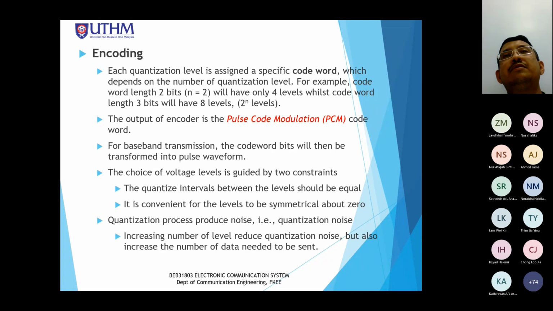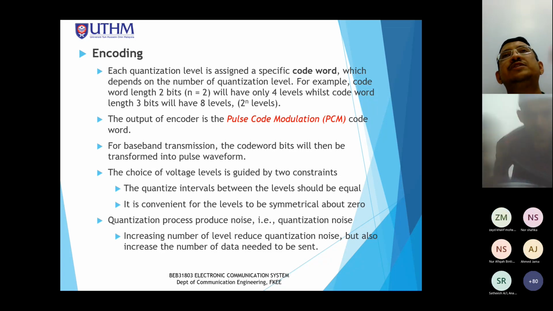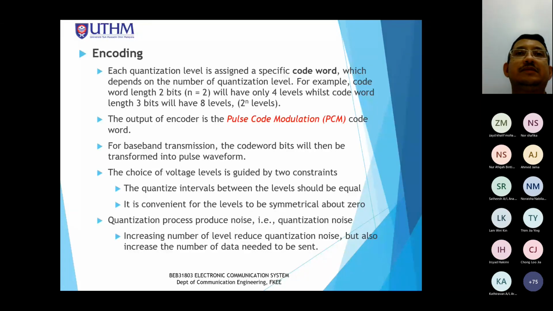Okay, and then we learned that after we sample the signal, we do the quantization process, the second process. Quantization is the process of rounding up the sample value to the nearest quantized level. After quantization, we produce a PCM code word.